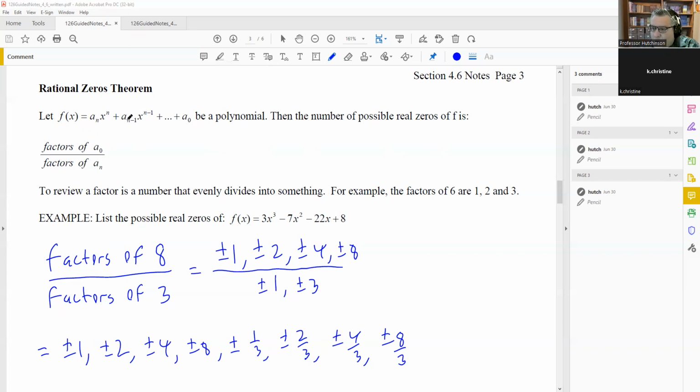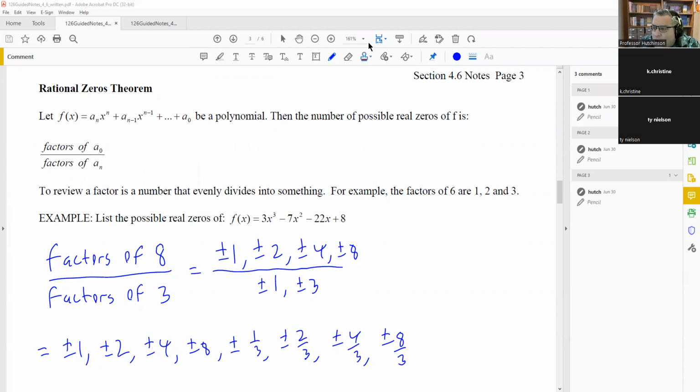Okay, so the rational zeros theorem is basically factors of the last number divided by factors of the first number. This gives us a list of possible places where the graph crosses the x-axis.